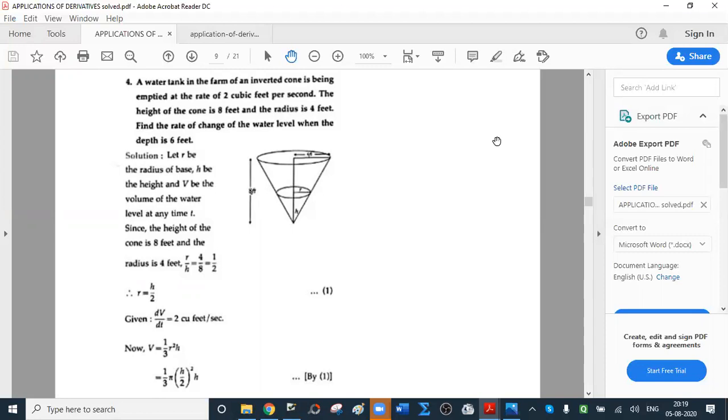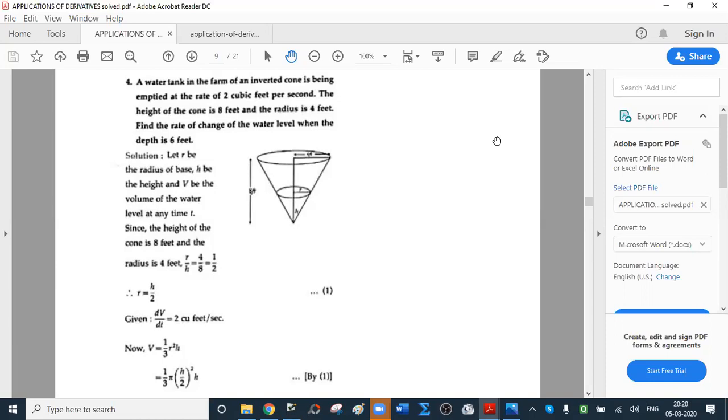I read the problem again. A water tank in the form of an inverted cone is being emptied at the rate of 2 cubic feet per second. The height of the cone is 8 feet and the radius is 4 feet. Find the rate of change of the water level when the depth is 6 feet.